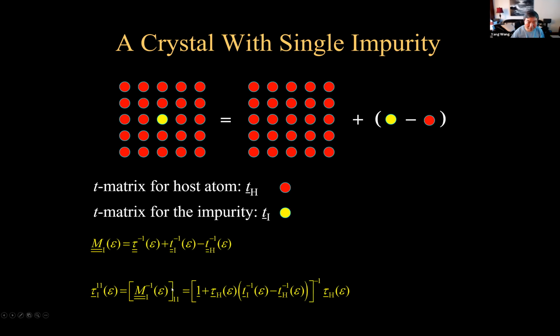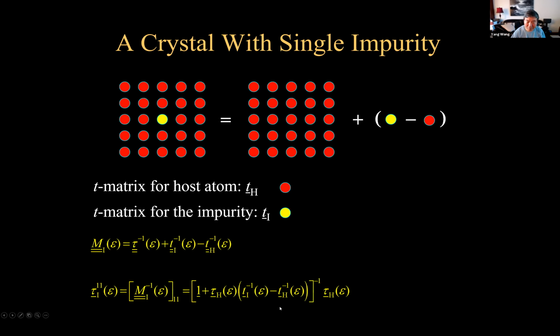This tells you how to calculate the tau matrix for the central site atom. It is constructed by considering a perfect crystal tau matrix, where everybody's the same. This kind of problem can be solved using the k-space integration method, and multiplied by the impurity single site T matrix inverse, minus the host atom's T matrix inverse.